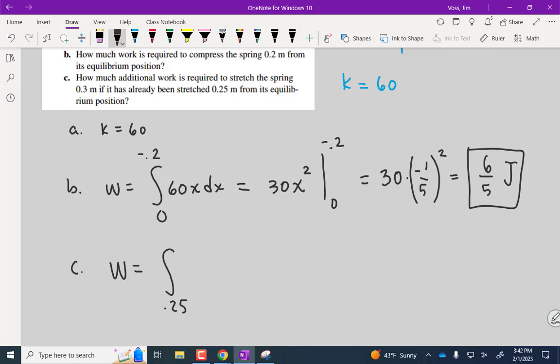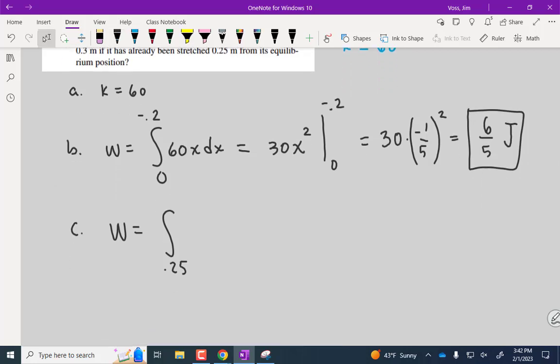And then it says how much additional work is required to stretch it 0.3 more. So we want to go 0.3 more, which is going to take us to 0.55. And then we have the same spring, so we have the same force function. So that's going to give us the additional work. We don't know how much work it took to get to 0.25, but this will tell us how much additional work it'll take us to get to 0.55.